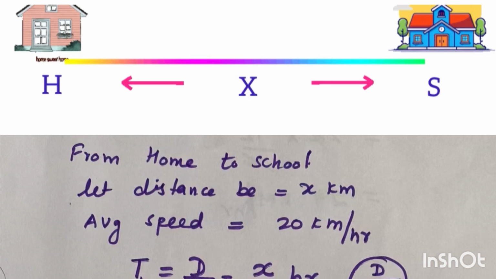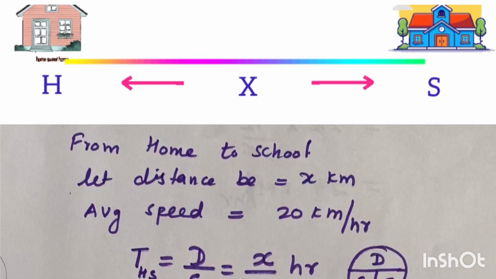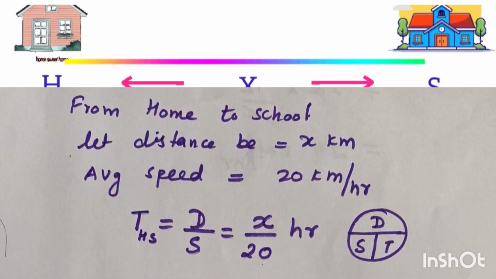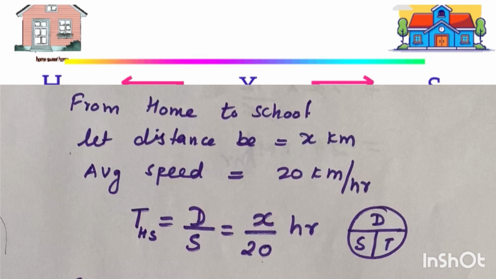Let distance between home and school be x kilometer, and average speed when he is moving from home to school is 20 kilometers per hour. So from distance x and speed 20 kilometers per hour, we can find time he will take to move from home to school. Time equals distance upon speed, that is equal to x by 20 hours.